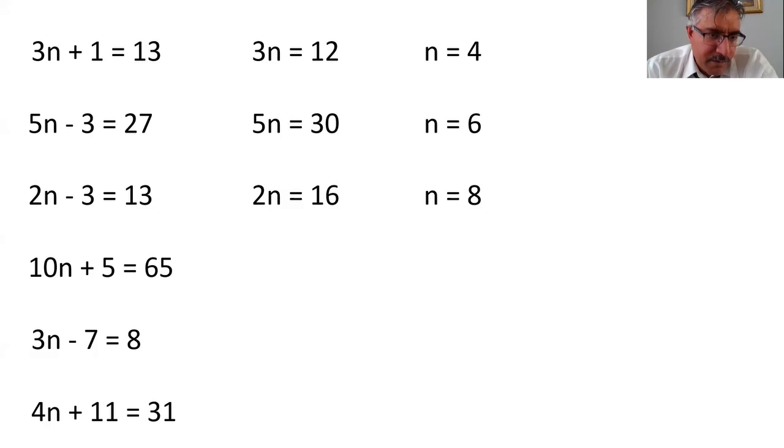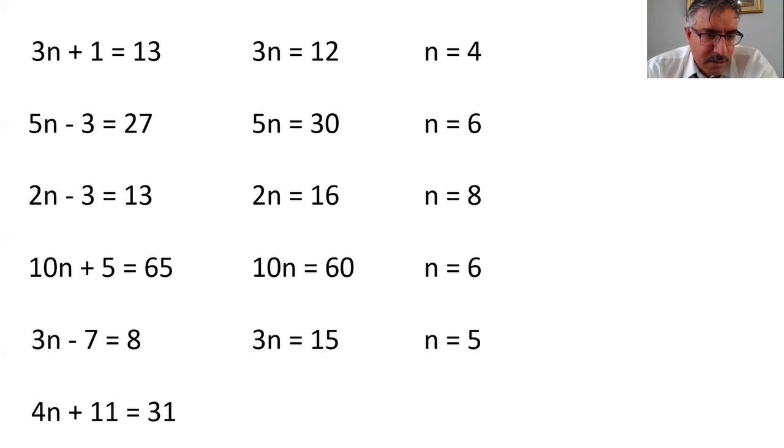Well, without the 5, those 10 cups must have had 60 in there. 6 in each, n equals 6. 3n is equal to 15. n is equal to 5. And the last one, 4n is equal to 20. n is equal to 5.